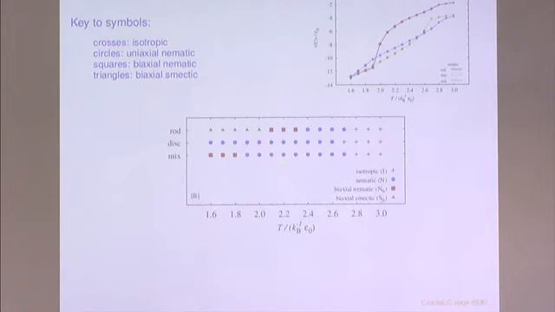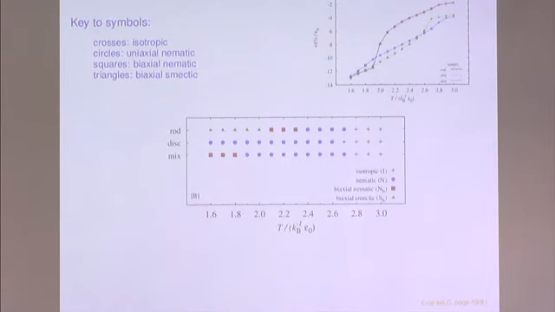This is the main result from these simulations, and one can see that there is this region where the biaxial nematic phase is stable that has been shifted with the mixture to low temperature. So maybe this could also be a practical way of having room temperature biaxial nematic phases.